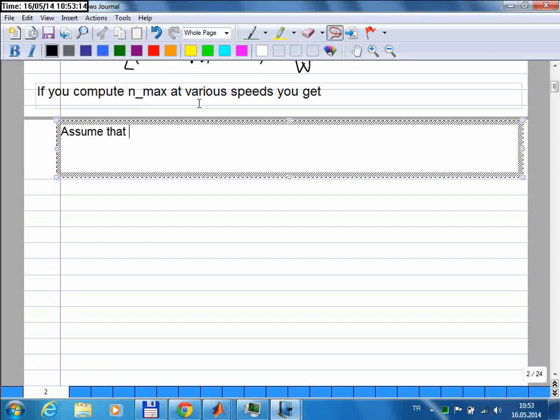So let's assume that a fully loaded, that means the weight is equal to W0, C-130 is flying with a clean wing, that means there are no flaps, at a speed of 100 meters per second.